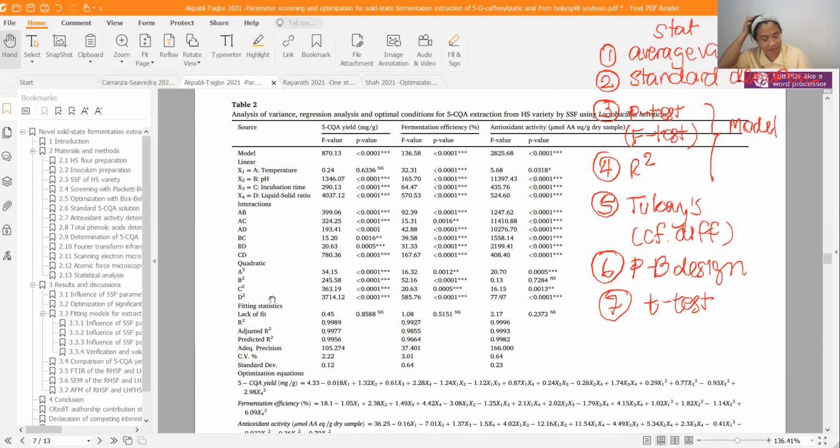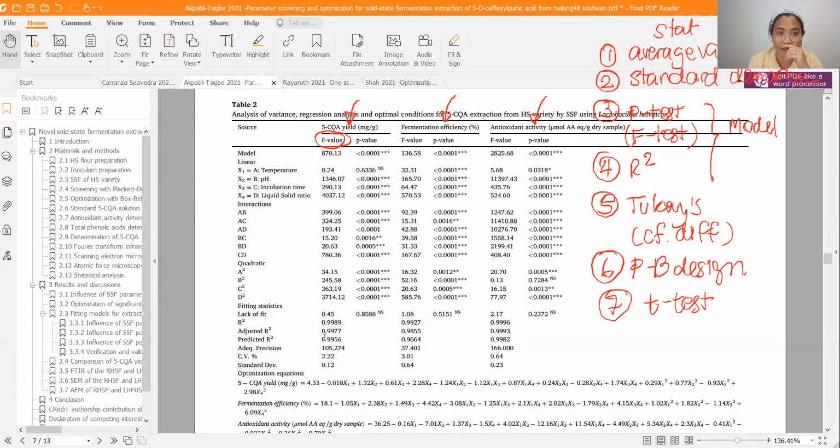Now scroll down and you see the analysis of variance, and you see all the tests. See, that is not a p test, it's an F test because it's the F values here. Before they actually get these F values, there were some other columns as well, but here they are looking at 3 different responses: the 5 CQA yield, the fermentation efficiency, and the antioxidant activities.